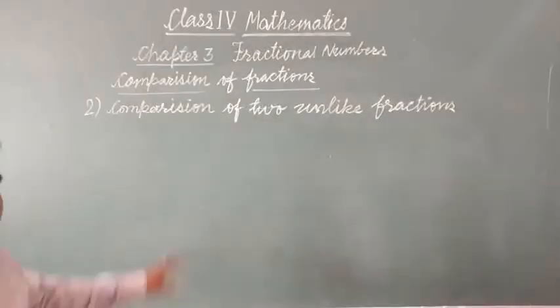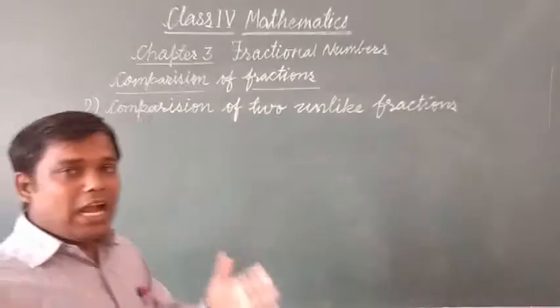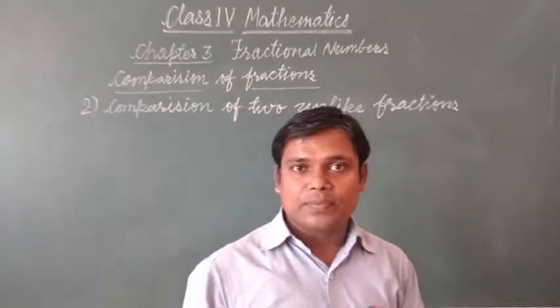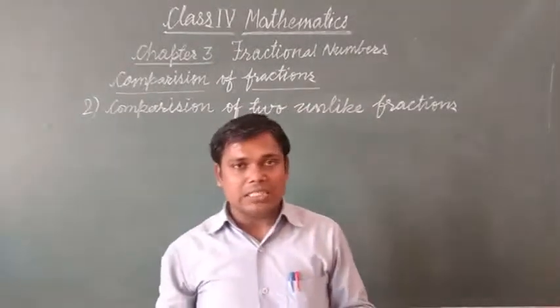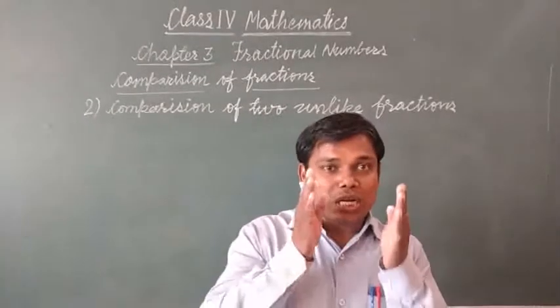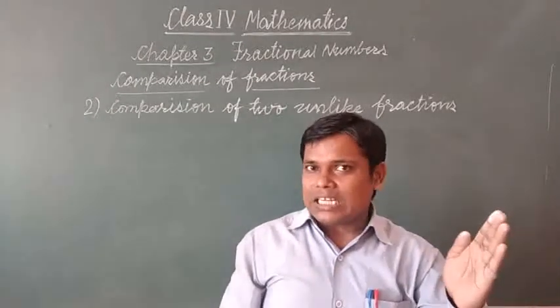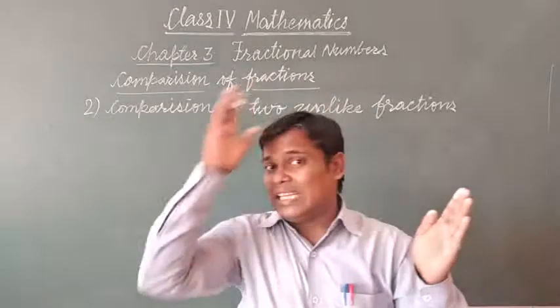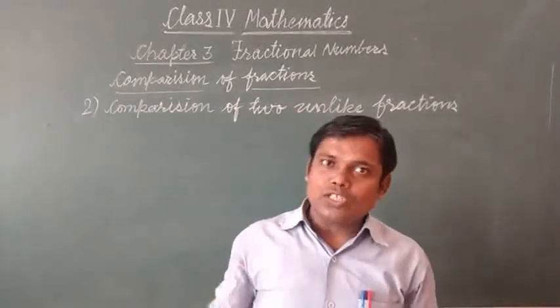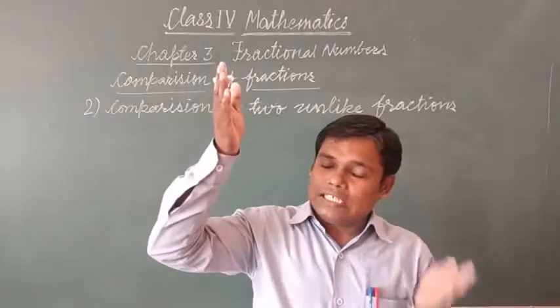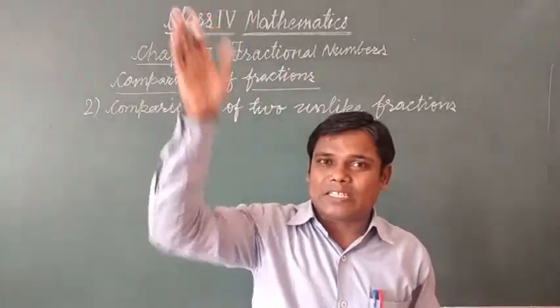Try to understand with the help of an example. If we have 2 unlike fractions, then how to compare? In case of 2 unlike fractions, we find the product of the numerator of the first fraction with the denominator of the second fraction, and the denominator of the first fraction with the numerator of the second fraction.